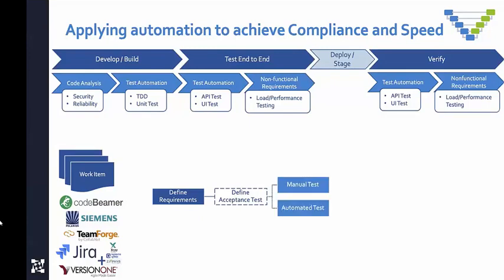Now, once I do get to the point of testing, I need to come to a decision. Am I going to do a manual test or am I going to do an automated test? Obviously, a manual test takes longer to do. It can sometimes be more intuitive if you're doing it through the front-end application. It might actually be a last resort in situations where I can't create an automated test that exercises a specific piece of code.